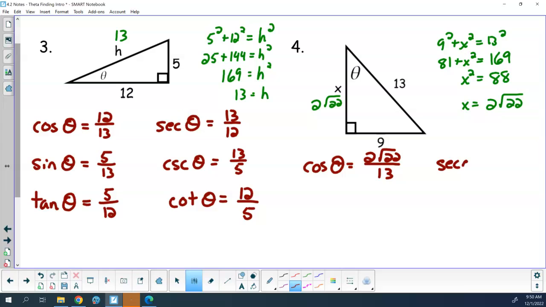Secant of theta is going to be 13 over 2 square roots of 22. Or you could go here 13 square roots of 22 all over 44.